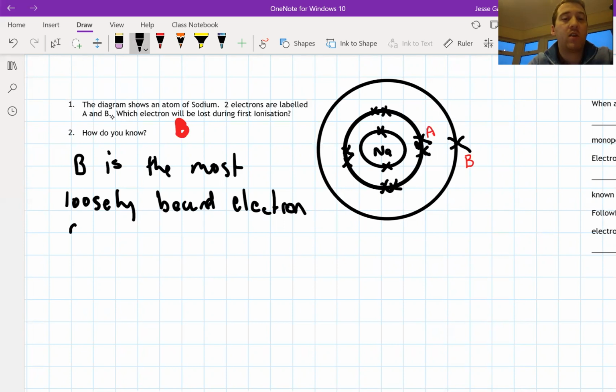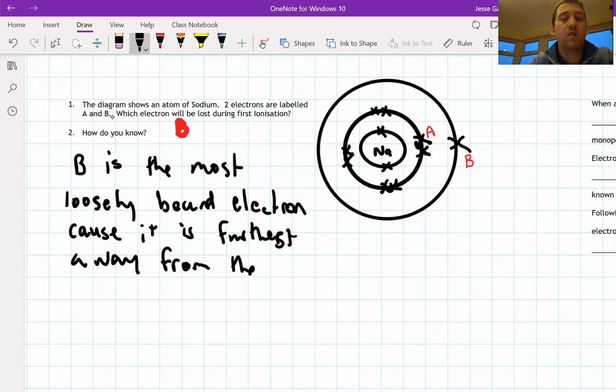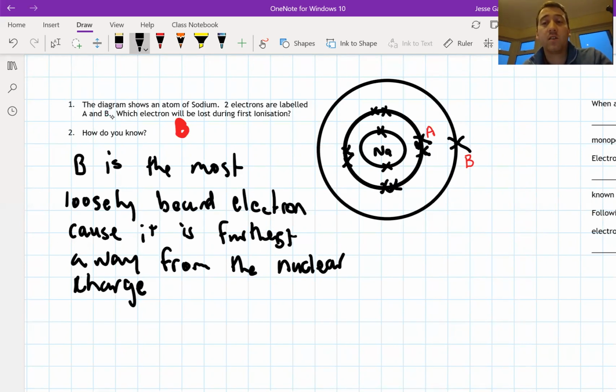Most loosely bound electron because it is furthest away from the nuclear charge. So A is closer to the nucleus than B, which means that A is held tighter to the atom than B, so it's easier to remove B.